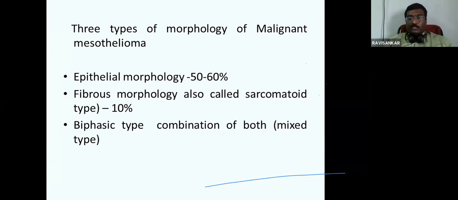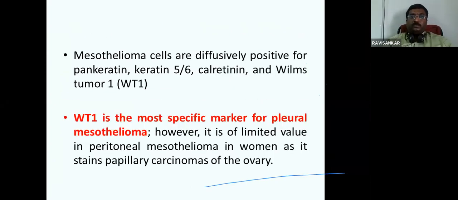It is the epithelial morphology. Remember that Wilms tumor 1 is the most specific immunohistochemistry marker for the pleural mesothelioma. Mesothelioma cells are diffusely positive for pankeratin, keratin 5/6, calretinin, and WT1 gene.